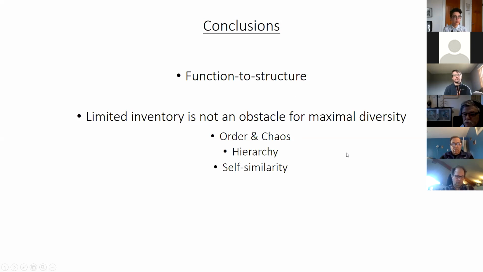And one can build a panoply of different, perfect, elegant, effective structures just by combining order and chaos and hierarchical assemblies and self-similarity. And I think my most favorite conclusion that I feel comfortable making is that biology is an exact science. And we are now at the point where it's about the end of observational studies. Now we can apply notions of physics, mechanics, and mathematics and expand our understanding of nature.